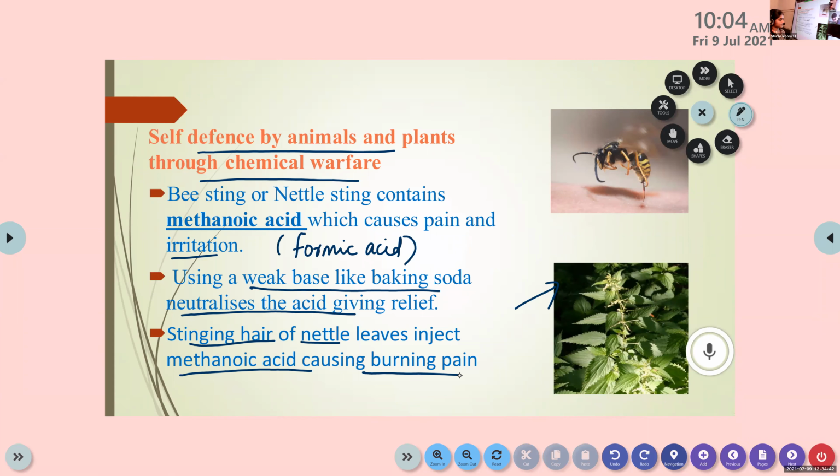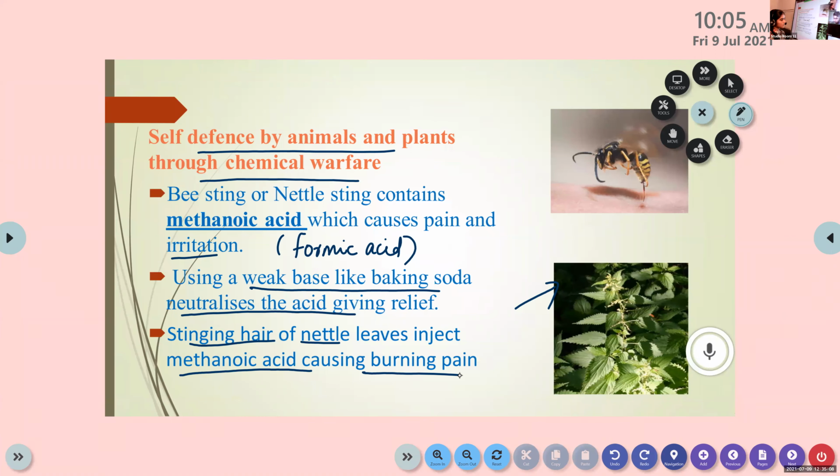So in these two cases, animals and plants use this method as self-defense to protect themselves from enemies. So these are all the applications, or the importance, of pH in everyday life.